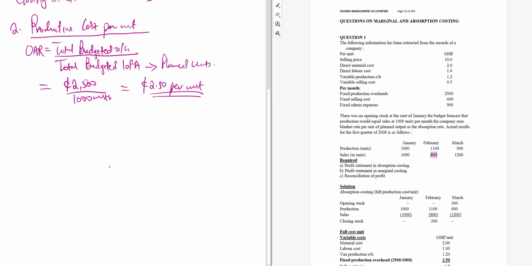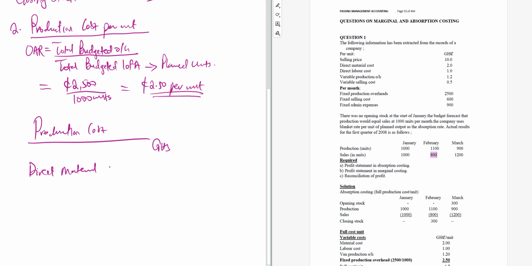So now that we have our overhead absorption rate, we need our production cost per unit. First of all, let's get our variable cost.